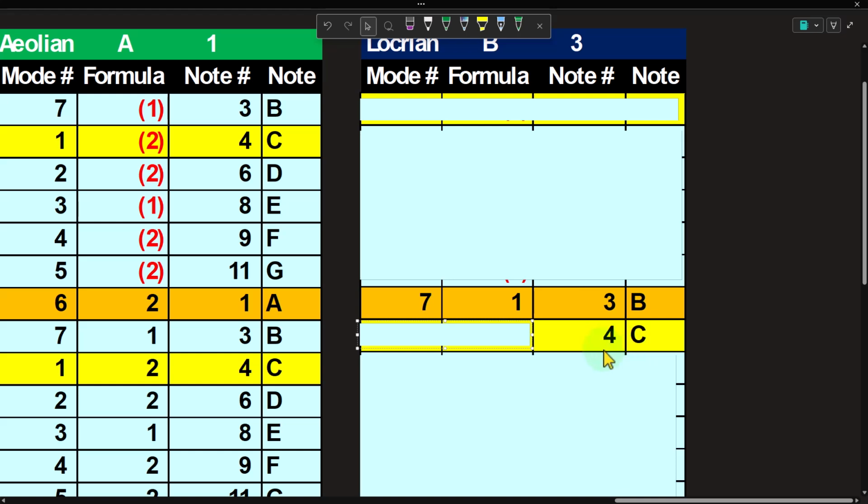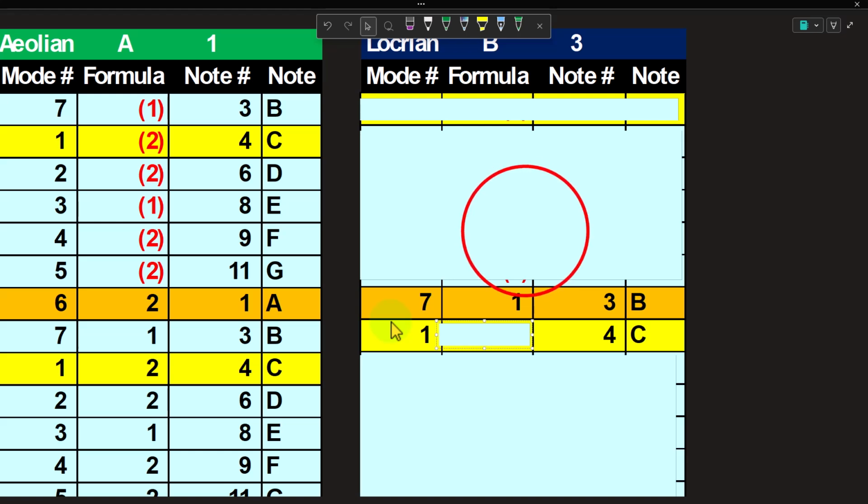Boom. And so I'd like to know the modal range. I would call it a 7-1 modal range, a Locrian to the Ionian modal range, which is a 1 note away modal half step, which would be the second scale degree, which would mean it would be a 1 note away minor second.